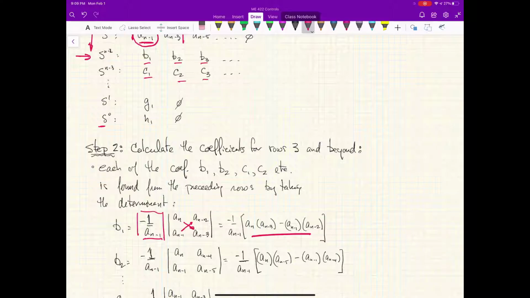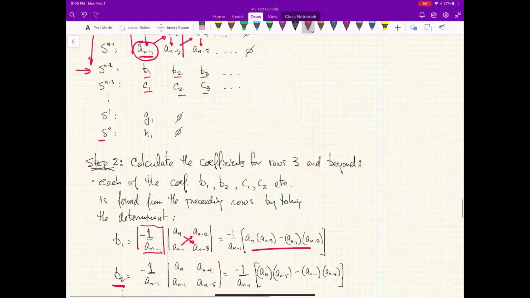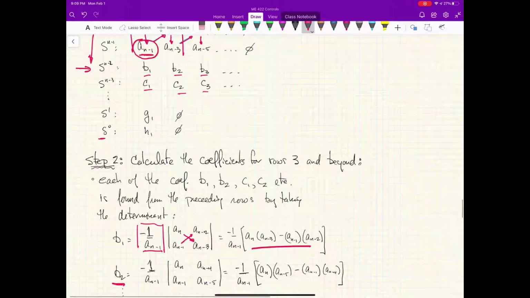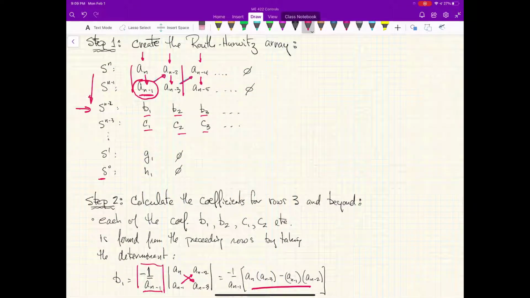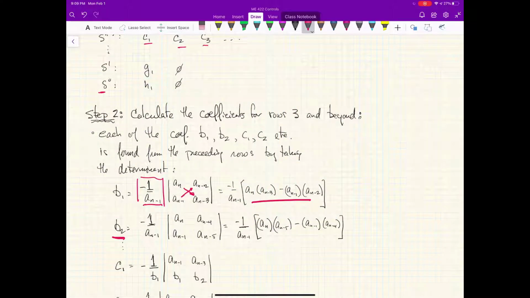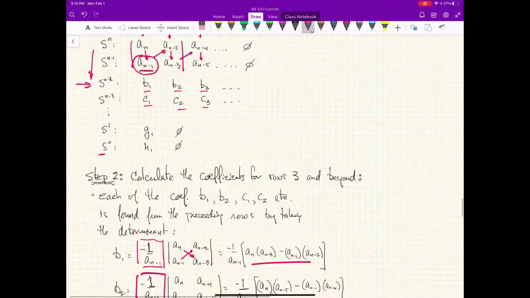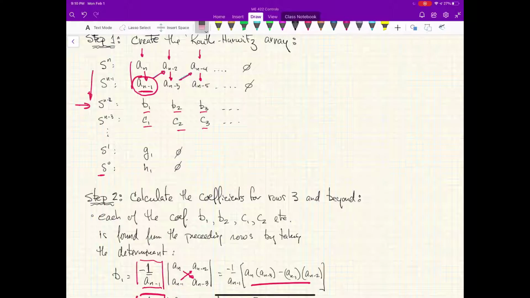For the second b, all right, same thing. I'm going to have the negative of the term in the row right above it in position 1, so that still is minus 1 divided by a sub n minus 1. But the determinant that I take now is what's immediately above my term, which now is B2, times a determinant that's made up by the first column term and the column that's immediately next to the coefficient that I'm interested in.